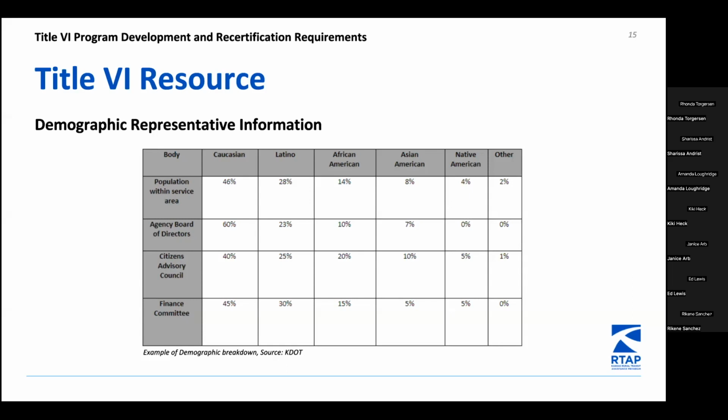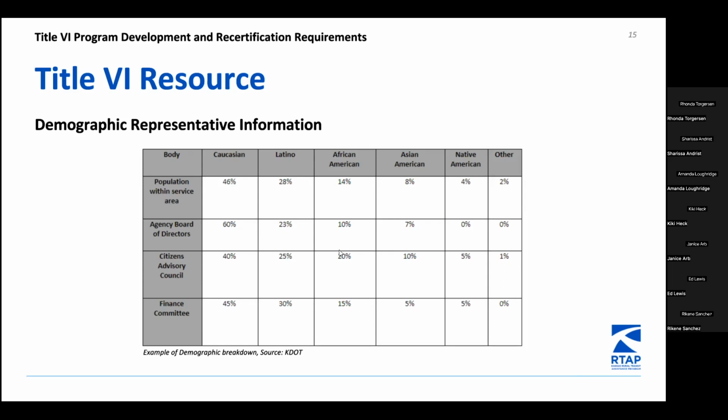And so here you see that it's compared to the demographic breakdown of the population within that service area, that top line here. And that's important to make sure that the boards, councils, or committees accurately reflect the demographic of the area they're serving, right? So like here you can see like the Latino population of the service area is 28%. And about 25% of all the boards are Latino.